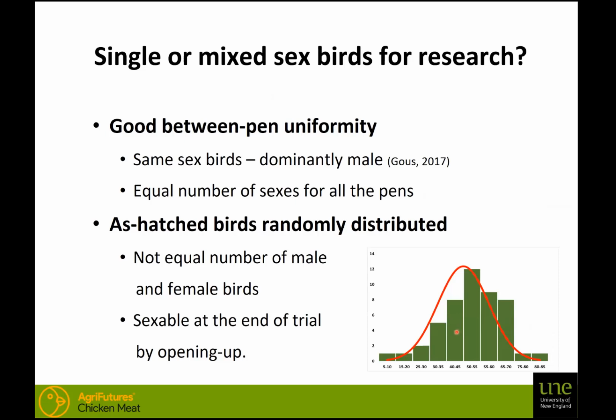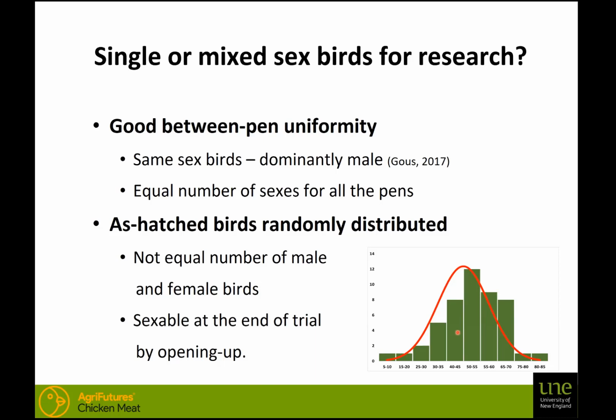So then, should we use single or mixed sex birds for research? That's the question. In terms of uniformity or variation, we need to have good between-pen variation because we want to use limited replicates to get enough power to separate the difference between treatments.